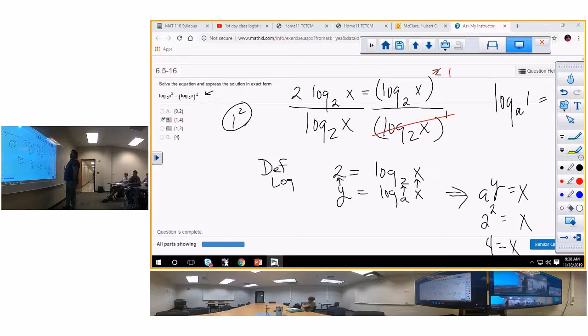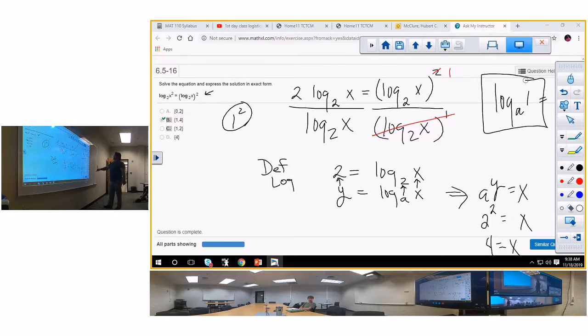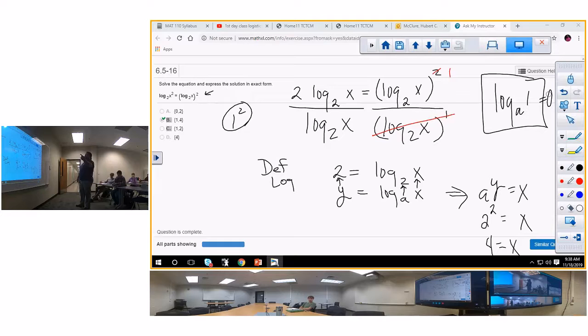In this case, do you find the 1 with algebra? No. Do you know it by the property that was given to you in the beginning? Yes. Log of 1 is equal to 0. So if you take 1 squared and 0 squared, what is the log of 1? 0.